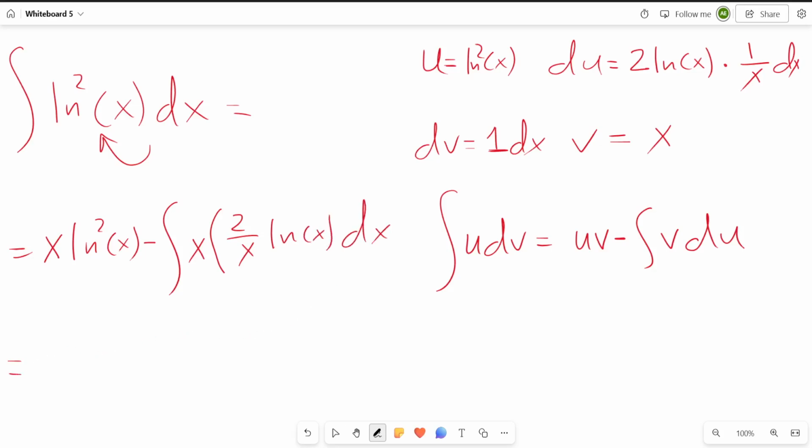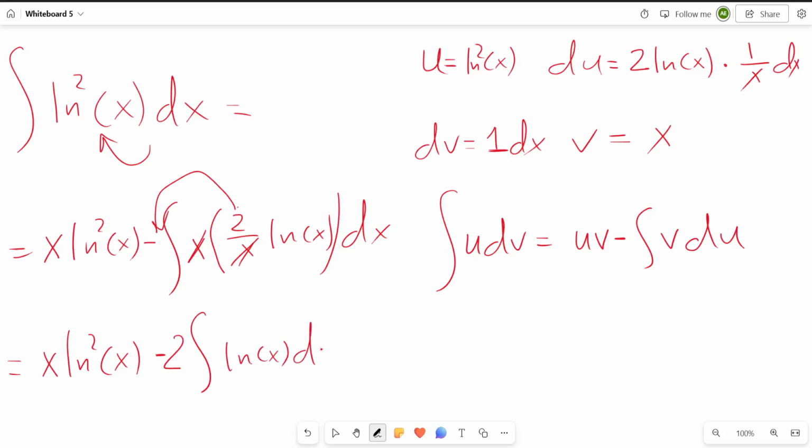This part I'm going to leave exactly the same, and I can cancel this x with this x over here. I can bring this 2 outside of the integral, so it becomes minus 2 integration of ln of x dx.